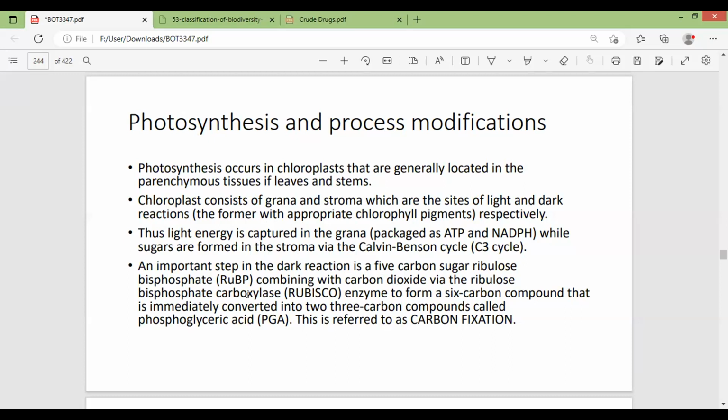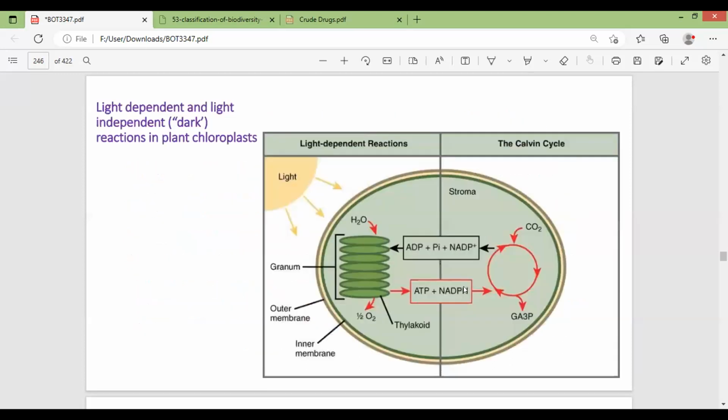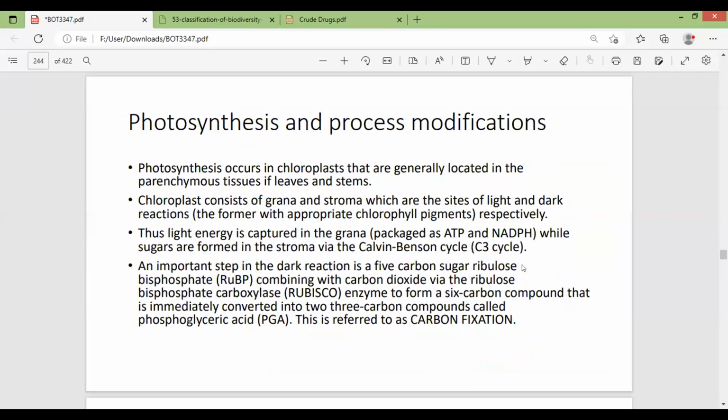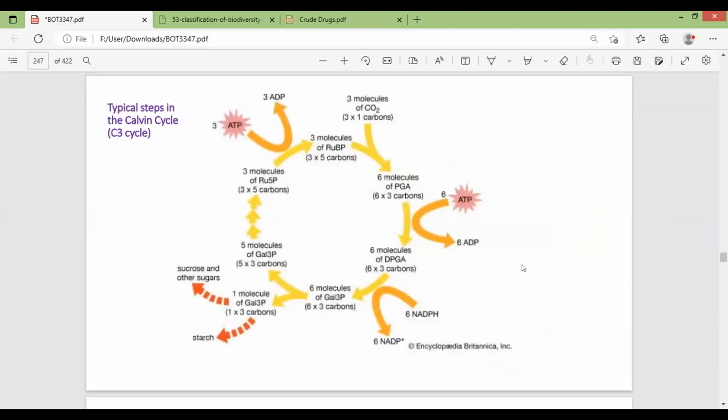Then the sugars are what will be formed in the Calvin cycle. From this diagram, in the light dependent reaction we just form ATP and NADPH. Then in the Calvin cycle is where we form our sugars, our starch, all those things.